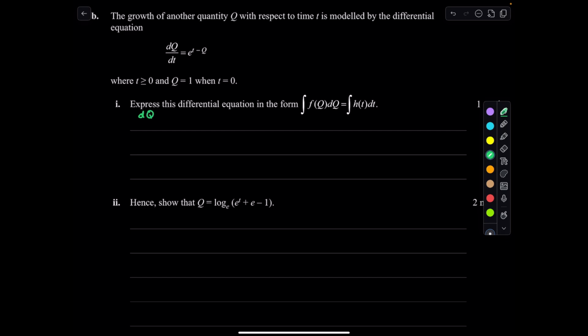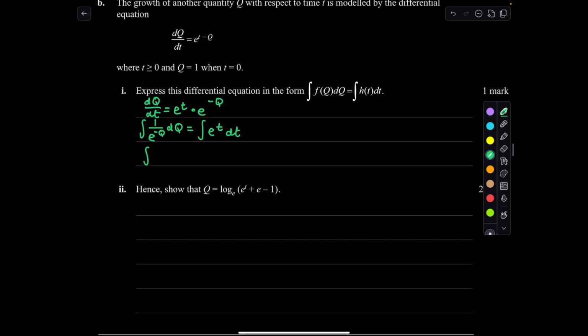Think of it like this. We can write dq over dt as e to the t times e to the negative q, using your exponential laws. And think of what we would normally do. To get it in terms of q, we would integrate the reciprocal, so e to the power of q dq is equal to the integral of e to the t dt.